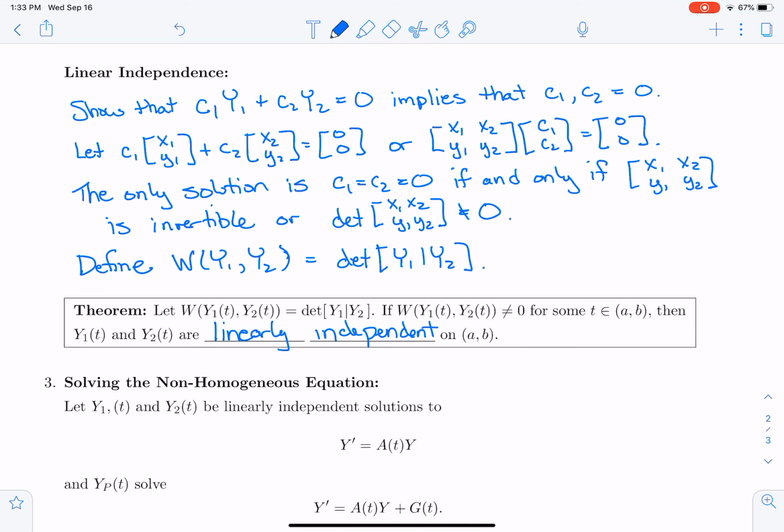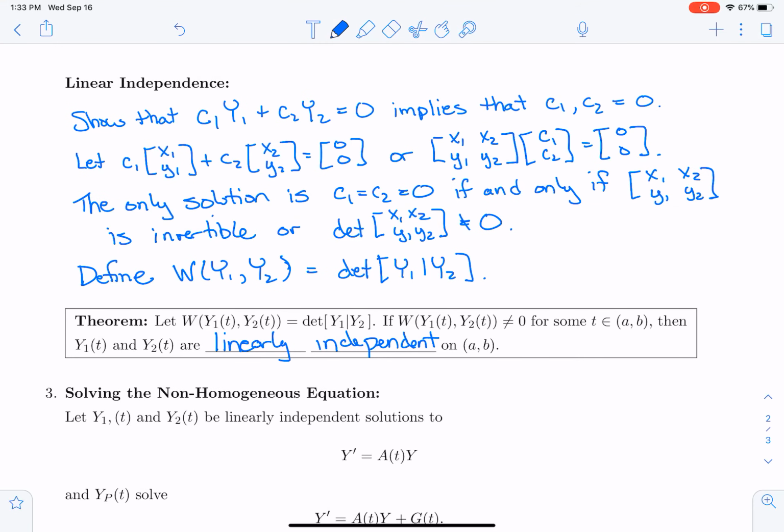Okay, so if we can find two solutions and those two solutions are linearly independent, then we have enough solutions to form a basis, and they therefore necessarily span our whole vector space. So our goal will always be to find, for a 2x2 system like this, a system of two equations that have two unknowns in them, two linearly independent solutions.